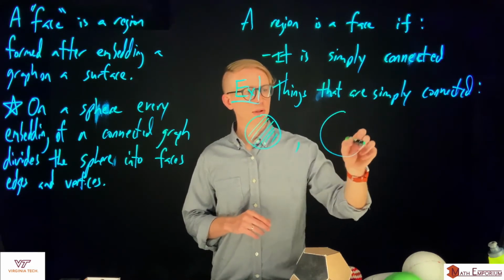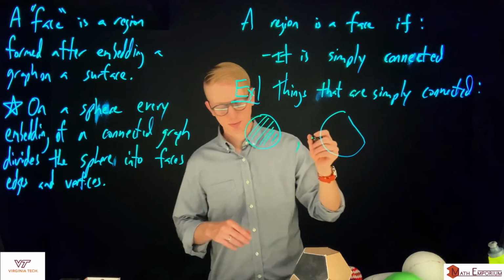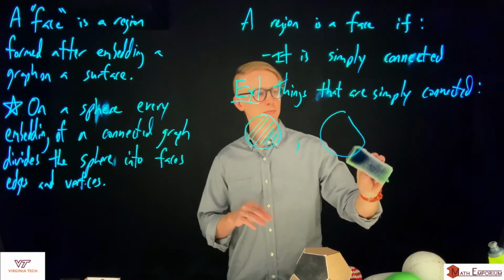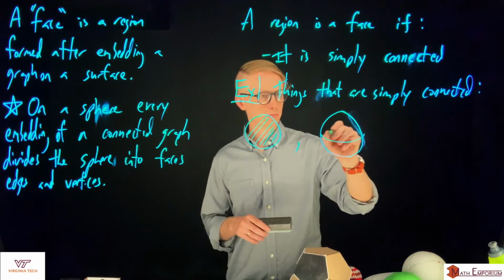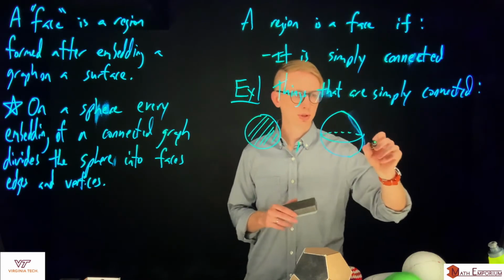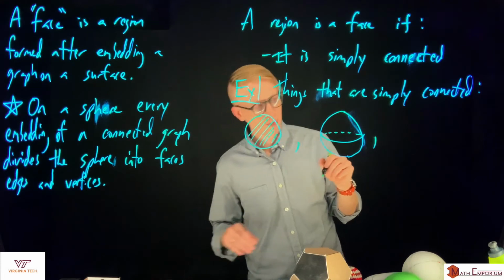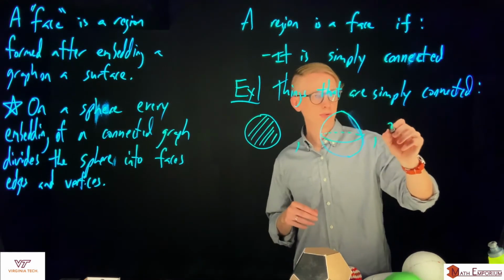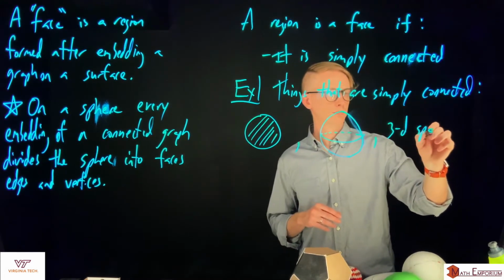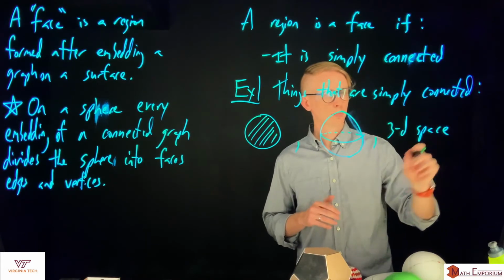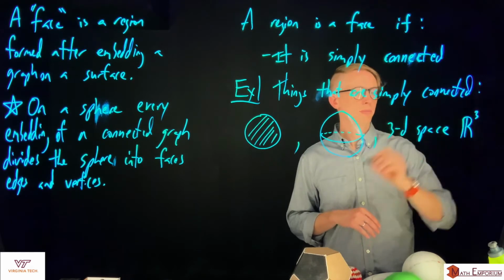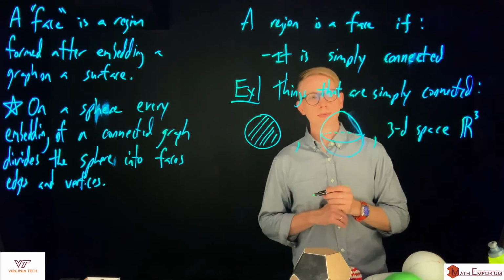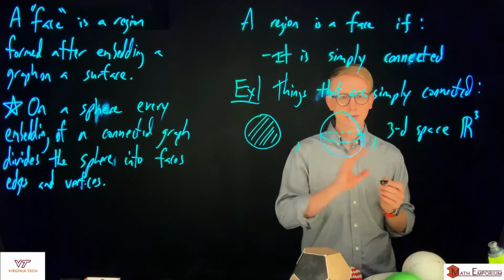A sphere is simply connected. Oops, sorry, my marker slipped out of my hand. That's simply connected. Three-dimensional space, the whole thing, so R3 entirely. That's simply connected. All right, and then there's probably a lot of other sillier examples, but these are good ones.